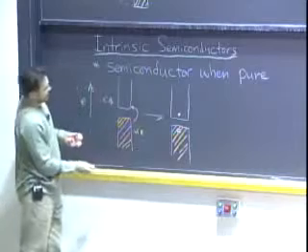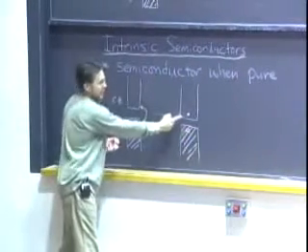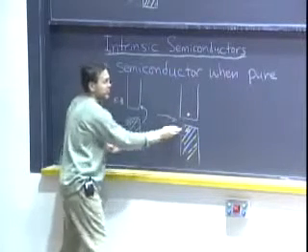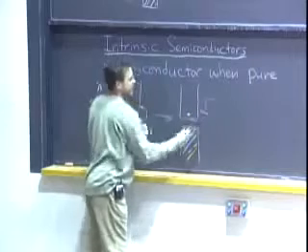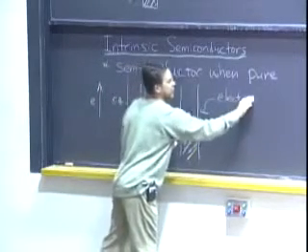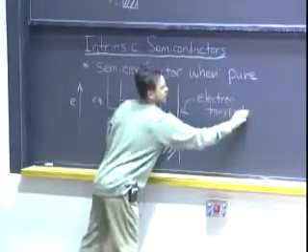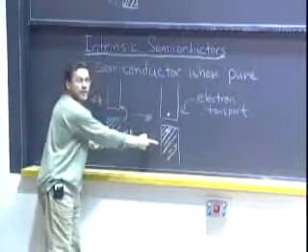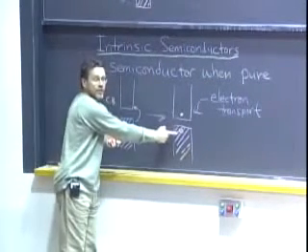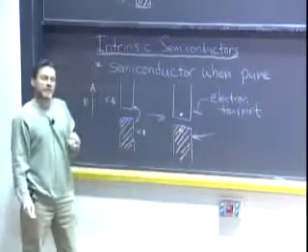So in this intrinsic semiconductor, for every electron that jumps up into the conduction band and can then provide conductivity by electron transport, down here in the valence band, the missing electron generates a hole. And that hole can move around freely in the valence band.